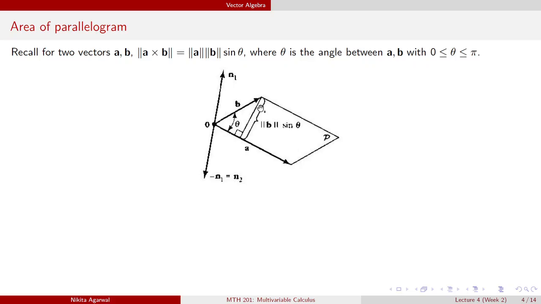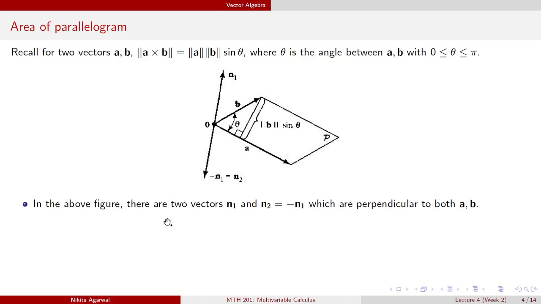The height can be computed using the right angle triangle formula. This angle is theta, so in this triangle the hypotenuse is norm B, the length of vector B, so the height comes out to be norm B sine theta. Then the area is norm B sine theta times norm A, the base, which is nothing but the norm of A cross B, which we saw in the previous slide.